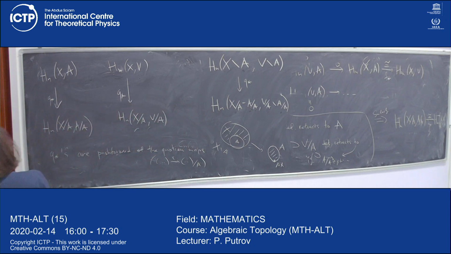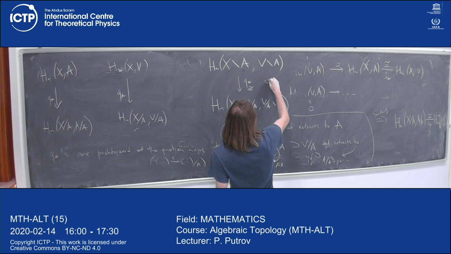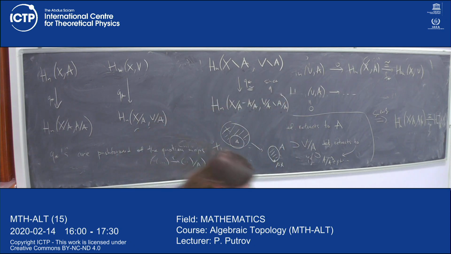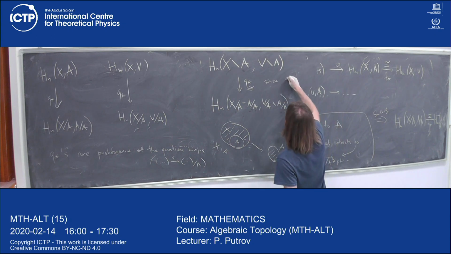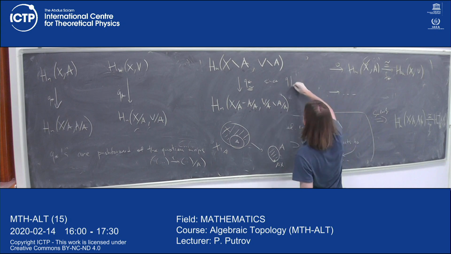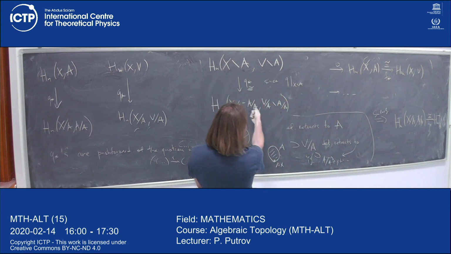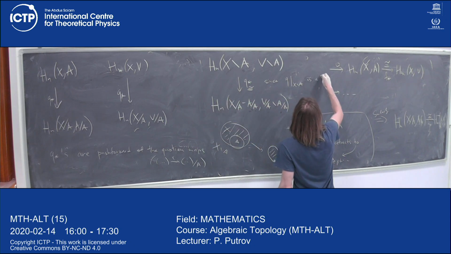And so we know that this is actually an isomorphism, since Q restricted on X minus A, where we removed all points from A, so the quotient with respect to A does nothing. So this is a formula.